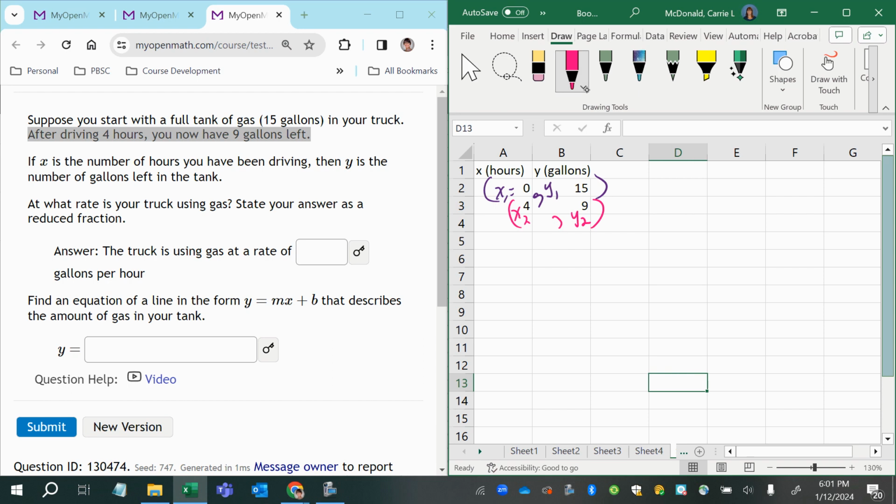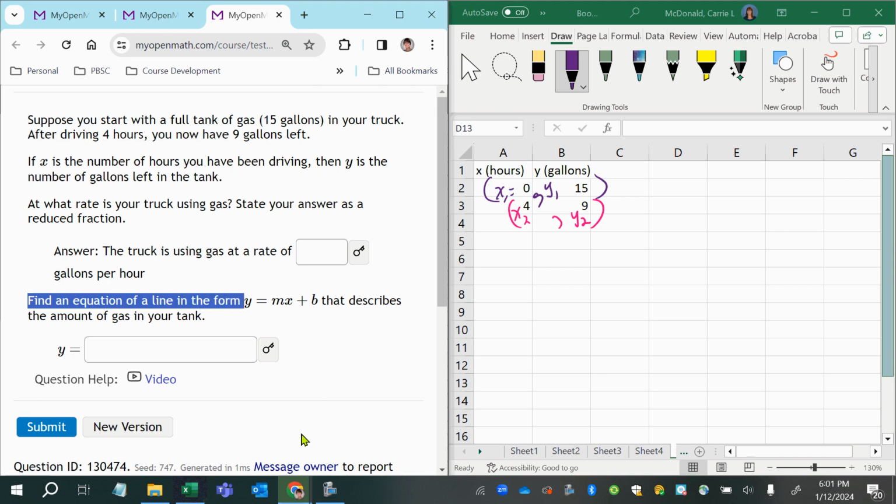So what formula do we know when it says find the equation of the line and you see y equals mx plus b?